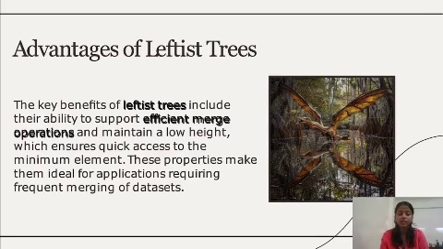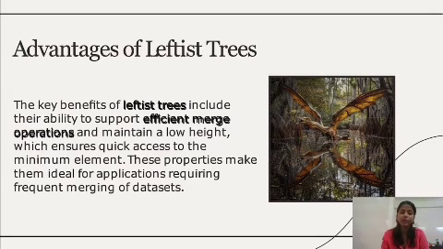After merging, the tree is adjusted to ensure the leftist property holds. The second one is insertion. Insertion in a leftist tree is done by creating a new node and merging it with the existing tree. This keeps insertion time efficient as it only depends on the merging time, which is O(log n).